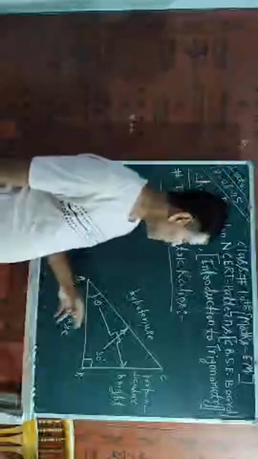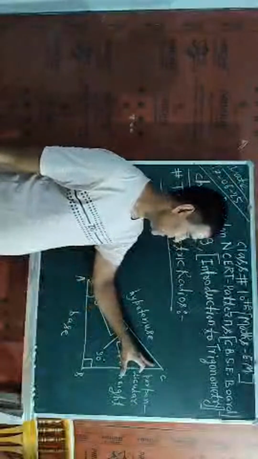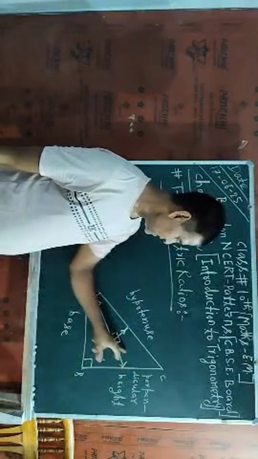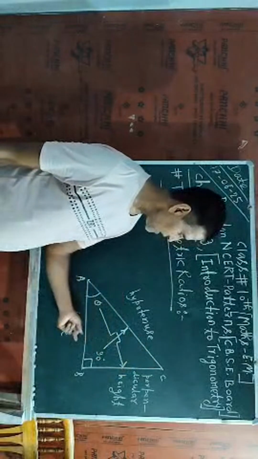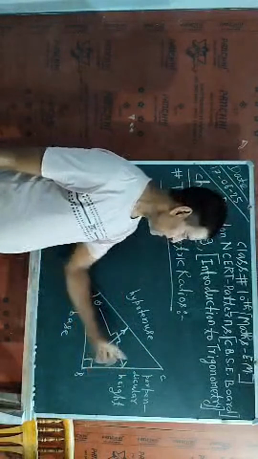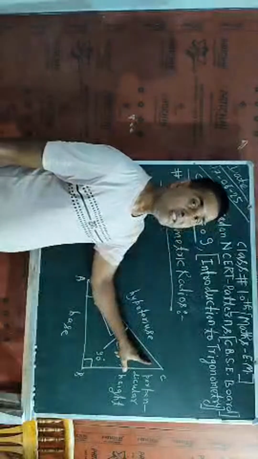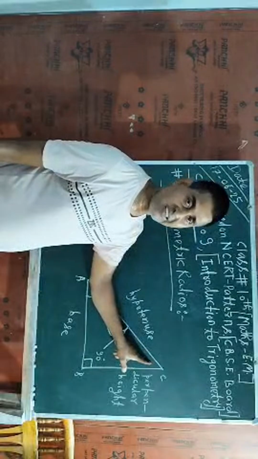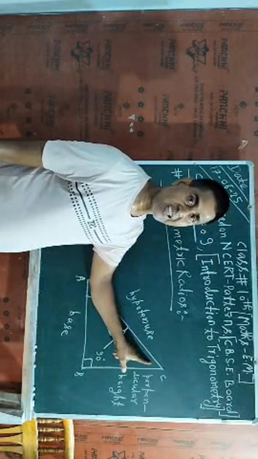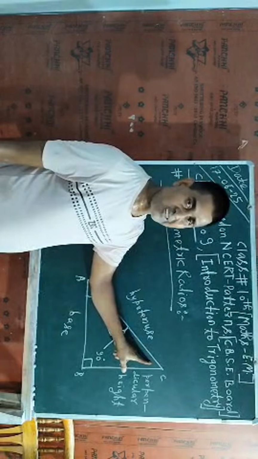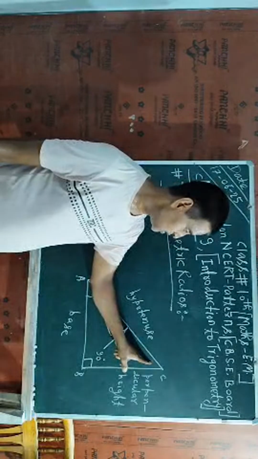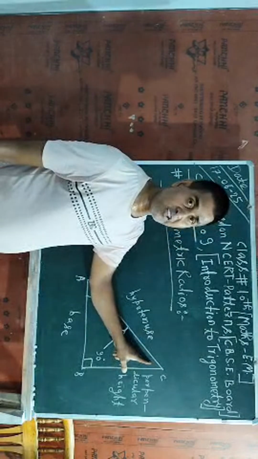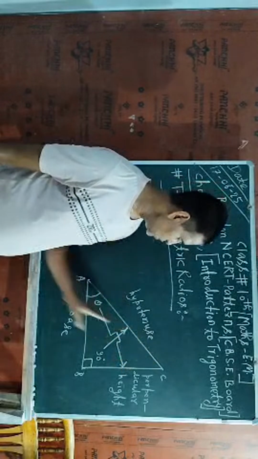Okay, students, suppose any student takes this angle, so along this angle you have to say perpendicular height, and this will be base, and then you have to consider all 6 trigonometrical ratios. One is sin theta, second is cos theta, third is tan theta, cot theta, sec theta, and cosec theta. So all 6 trigonometrical ratios can be obtained by using this concept.